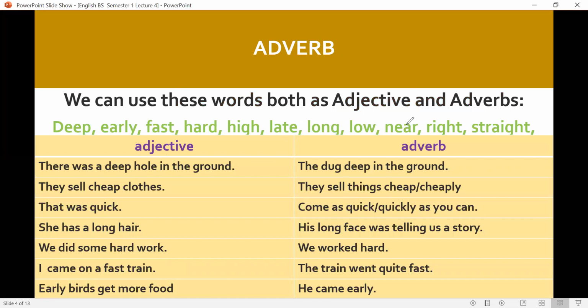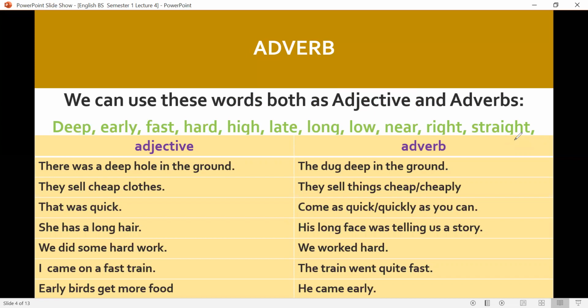We can use these words both as adjectives and adverbs, like deep, early, fast, hard, high, late, long, low, near, right, and straight. It depends upon the construction of the sentence in which you are using the word, and how and where you are placing the word.